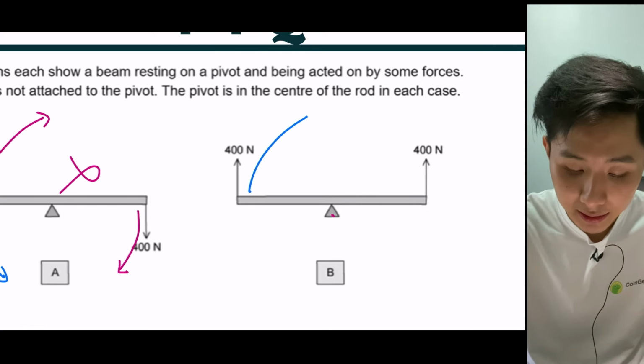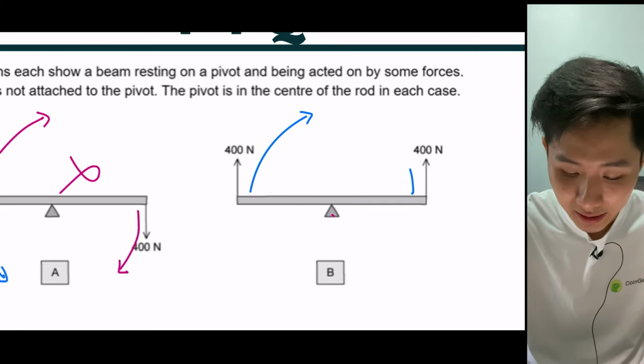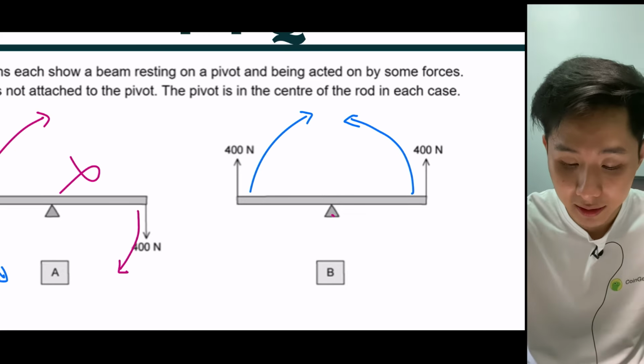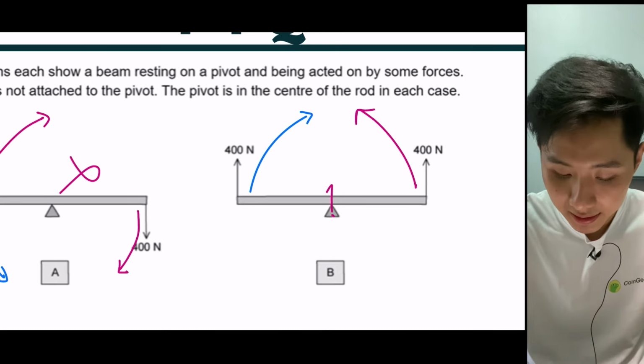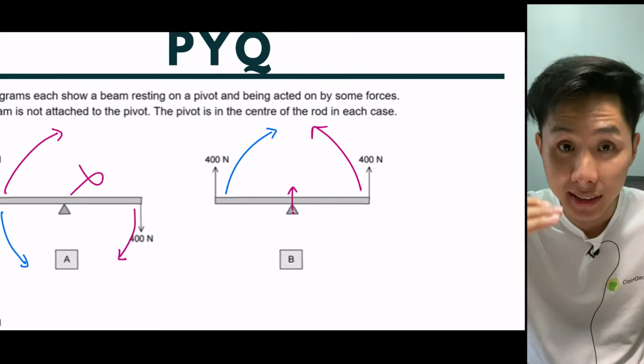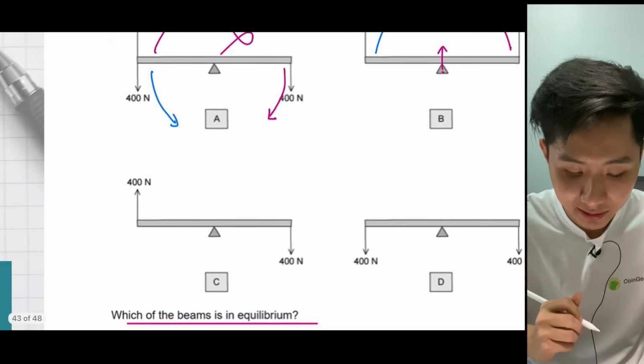So we're going to have a clockwise moment, and the other one is an anti-clockwise moment. All right, so it seems like now they are equal. But then we see that the forces are acting upward. With the contact force also acting upward, we will have an imbalanced downward and upward force. And therefore, this is also not the answer.